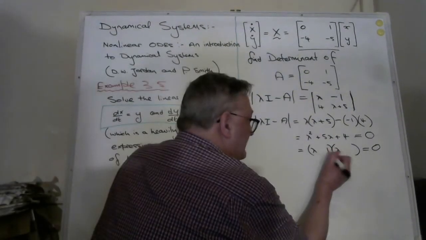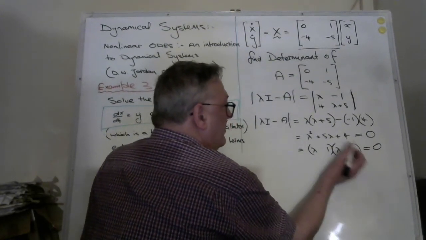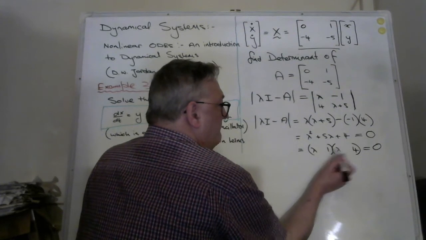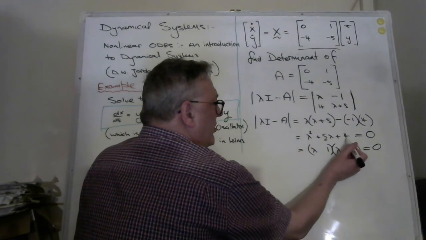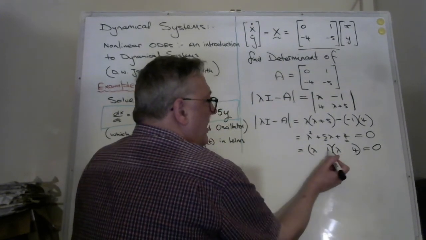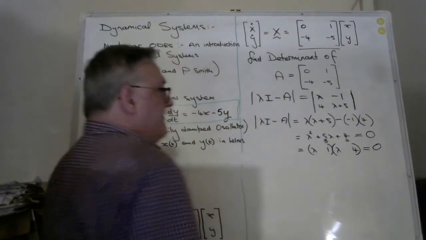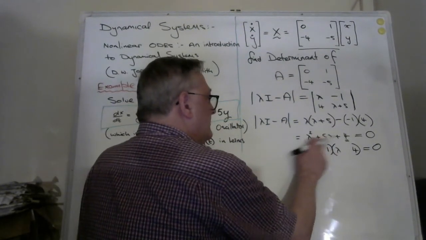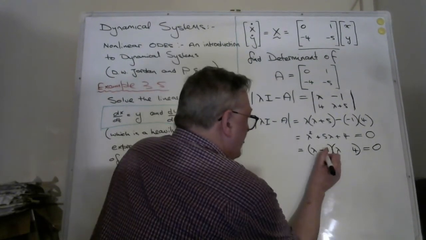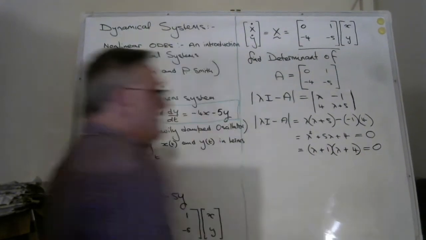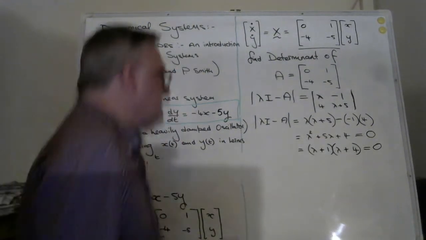And those numbers are 1 and 4, because 1 times 4 is 4 and 1 plus 4 is this 5 here. So we'll just erase those little underlines, and of course they're both positive because these are both positive here.